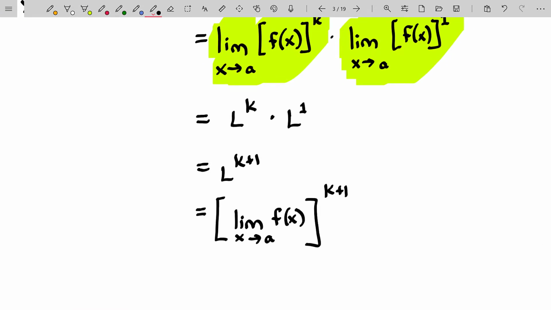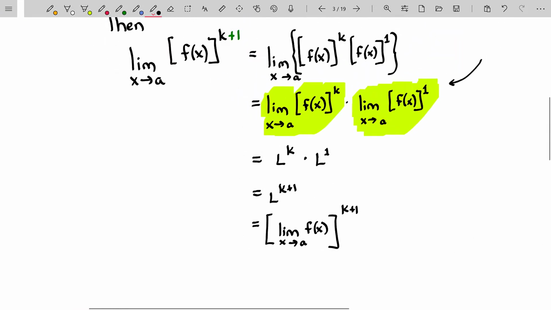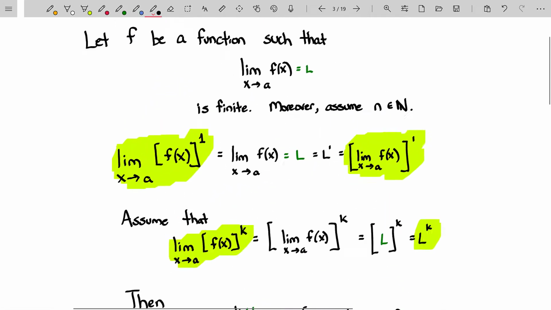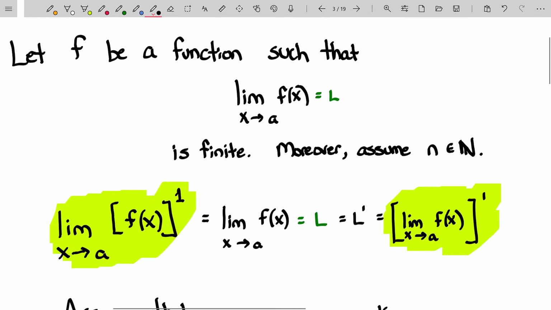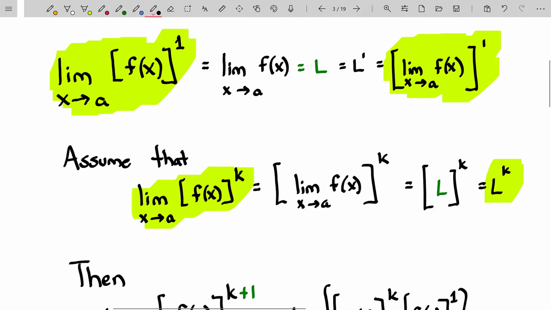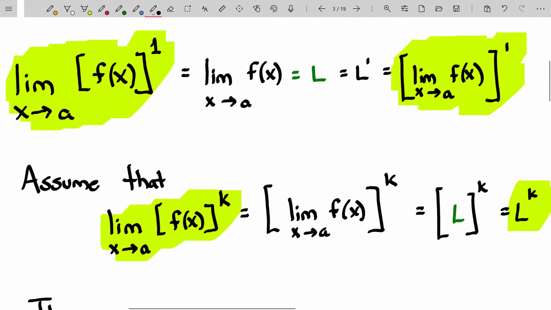So what did we just prove? Because we did just prove something. We've proven that, first of all, the claim is true for the first power. So the limit as x approaches a of f of x to the first is the same thing as the first power of the limit as x approaches a of f of x. We've also assumed that the claim is true for some arbitrary kth natural number down the road.